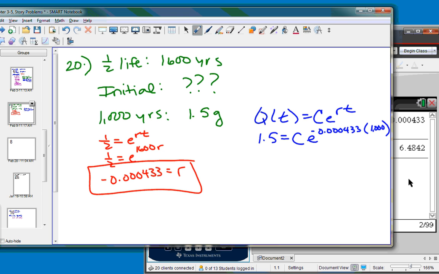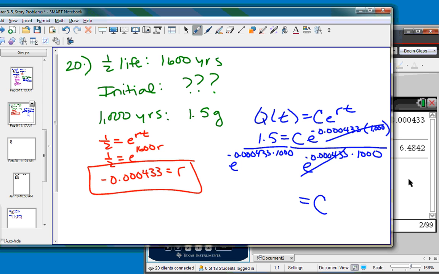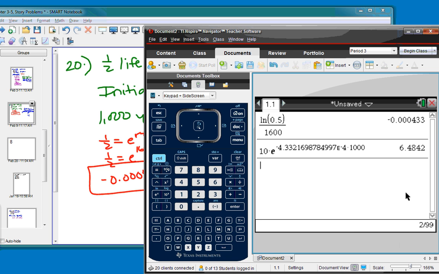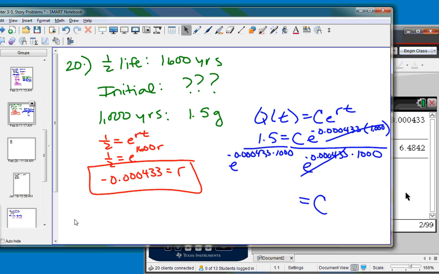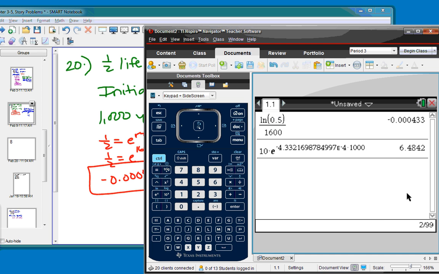So, this is just a number because it's e to that junk. So I'm going to divide both sides by that, and that's going to give me my C value. So I come back over here and I'm going to take 1.5 divided by e raised to my lovely little rate up here.